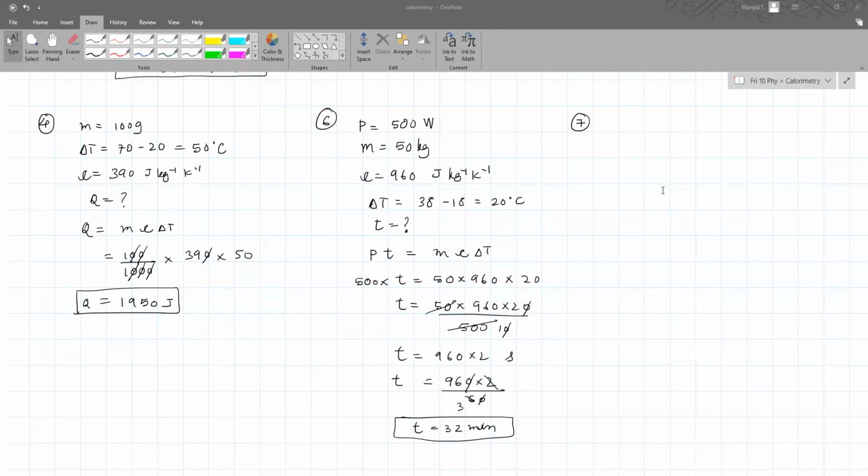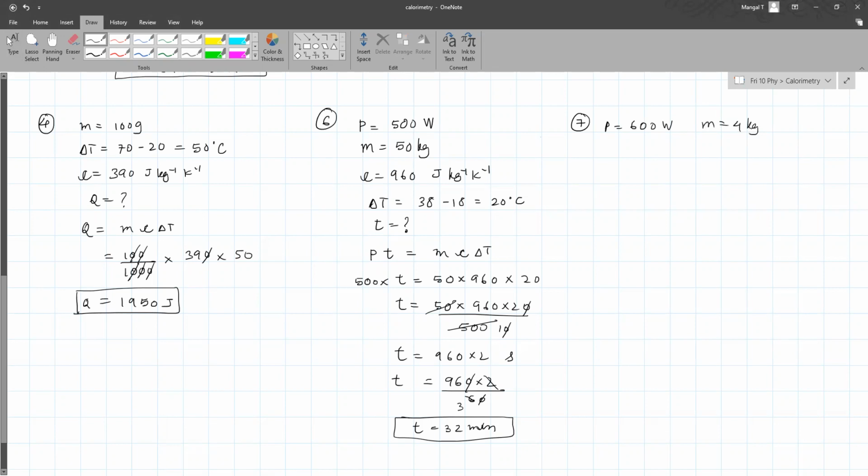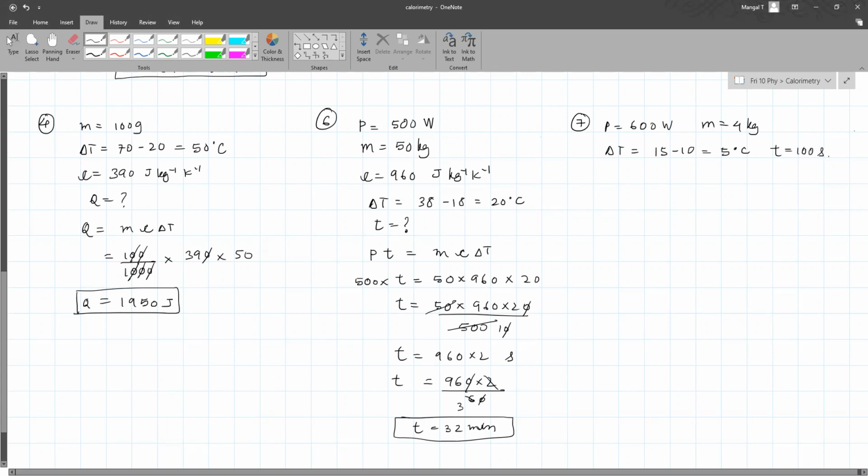Question 7. There is an electric heater, so the power is given to be 600 watt and mass is given to be 4 kilograms, and the temperature rise is from 15 to 10, so that is 5 degrees Celsius, and time is 100 seconds.